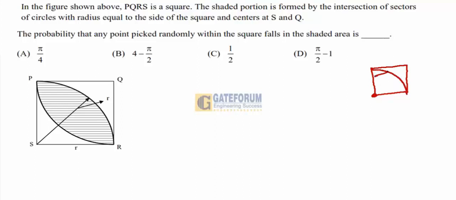So this is the first sector. Now suppose if this is the square, the second circle, the center is here, the radius is this, and this is the sector.